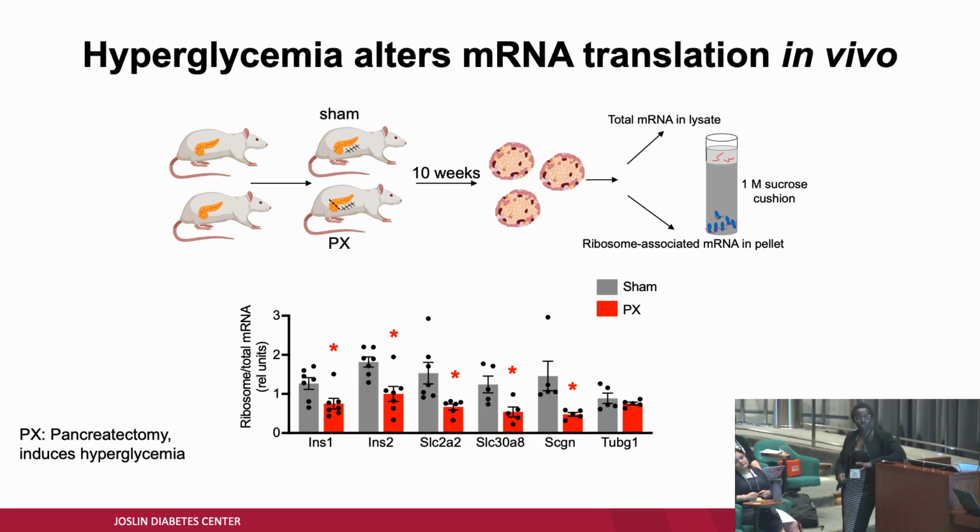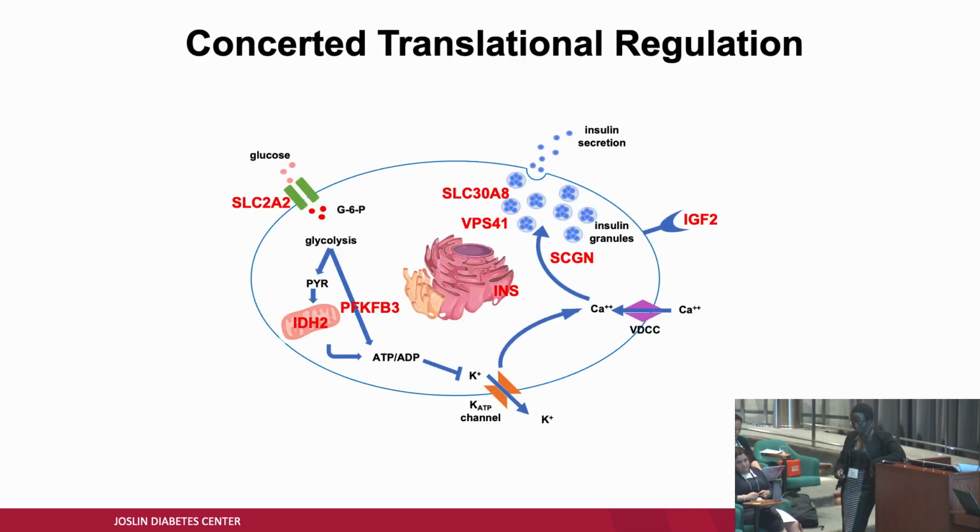But so far it holds true in vivo. And I looked at protein abundance. This is also decreased by high glucose. So I hope I've shown you that hyperglycemia is affecting translation efficiency of key genes at almost every step of glucose-stimulated insulin secretion, from the transporters, metabolism genes, the insulin itself, to things involved in insulin processing.